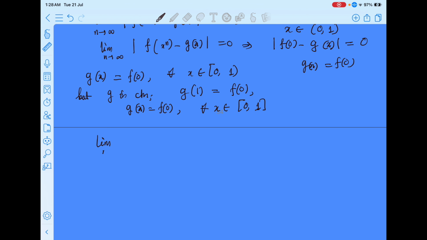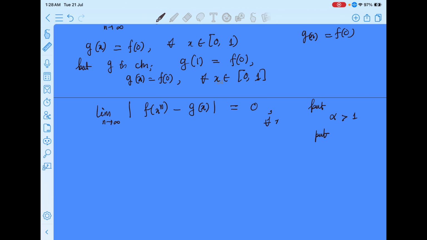Now the limit as n tends to infinity of f(x)^n - g(x) equals 0. Now let's say alpha is strictly bigger than 1. This is true for all x, right?